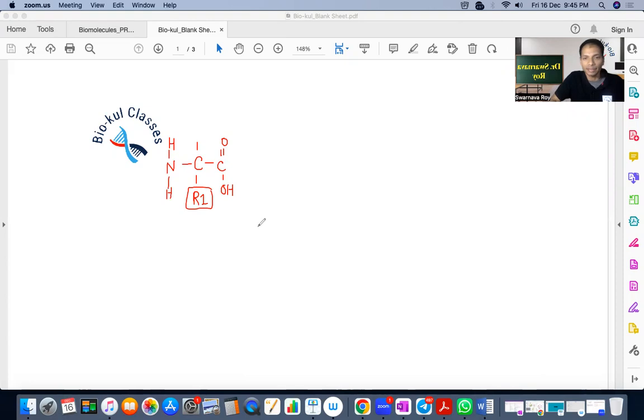And this amino acid is now binding with the second amino acid. This is the hydrogen. This is the R2. And this is the COOH. Quickly, let me draw the hydrogen here.